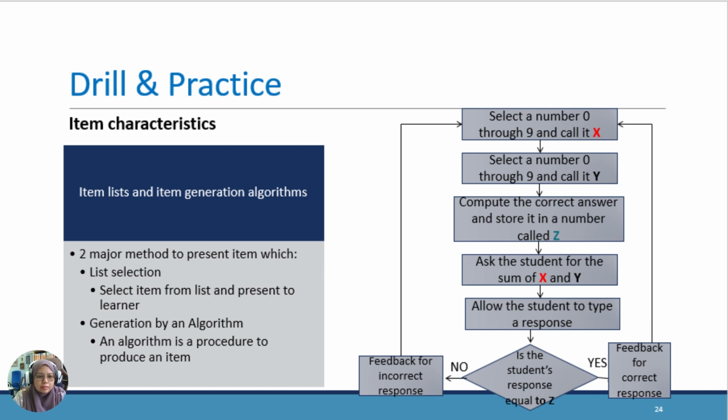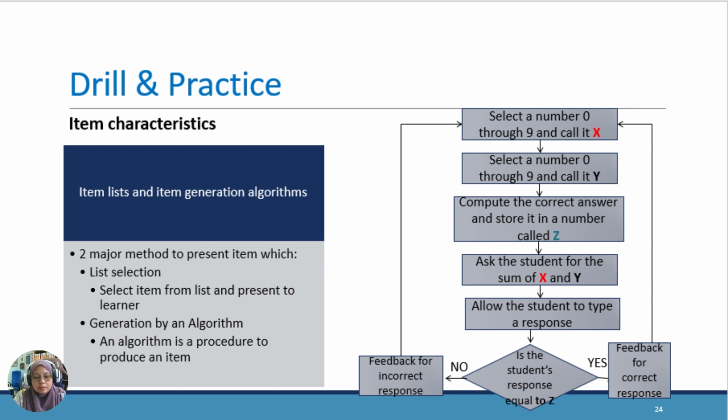If you use list selection, it allows you to select items from a list and present them to the learners. The second method, an algorithm, is a procedure to produce an item. That means it is automatic, generated by algorithm.